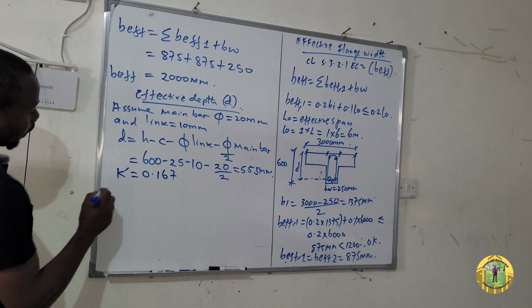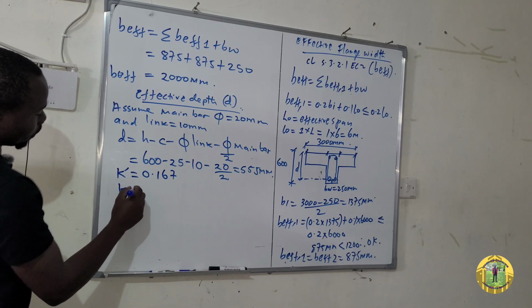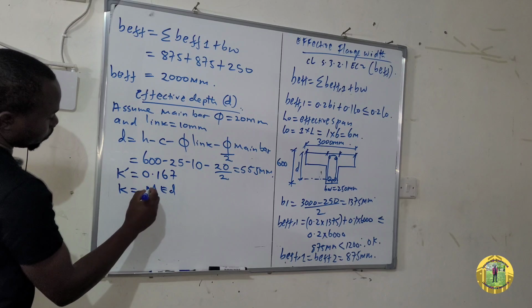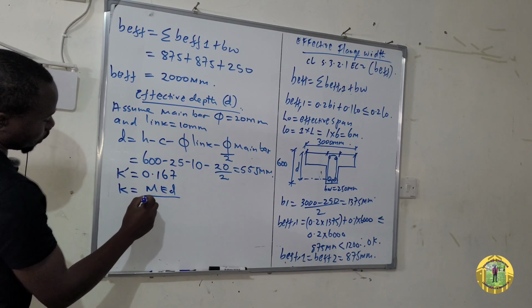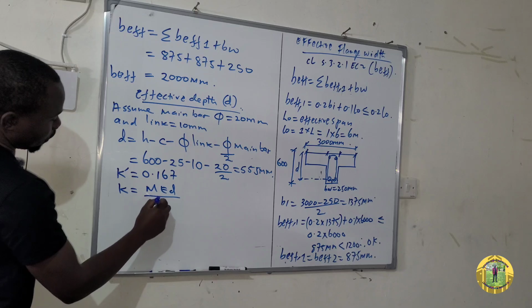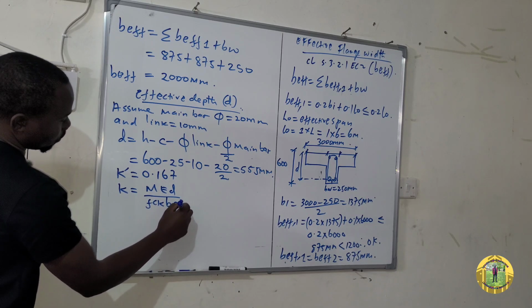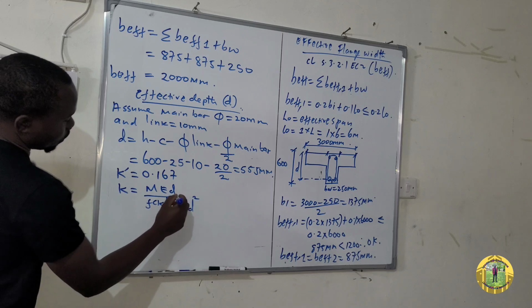So we know that K prime is equal to 0.167 and K is equal to MED all over FCK BEFF D square.